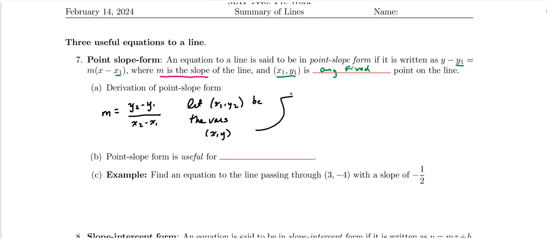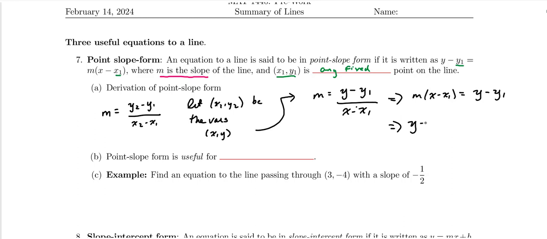So if I were to take that point-slope form of the line, I would get m is equal to y minus y1 all divided by x minus x1. And then if I were to multiply this denominator over to the other side by rearranging, we would get m times x minus x1 is equal to y minus y1, which we could then rearrange into the traditional y minus y1 is equal to m times x minus x1.